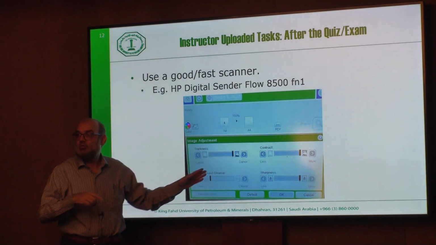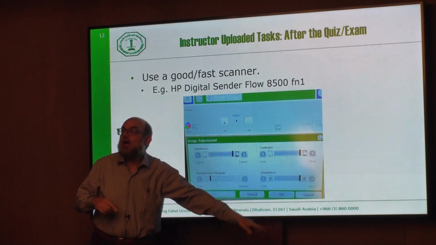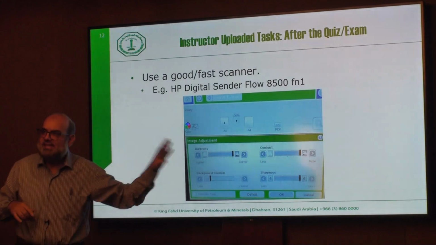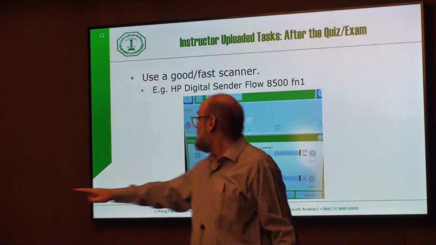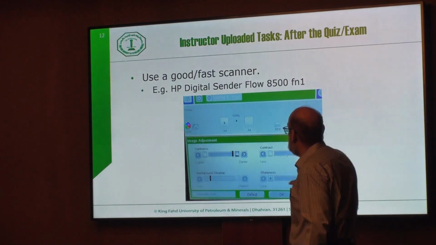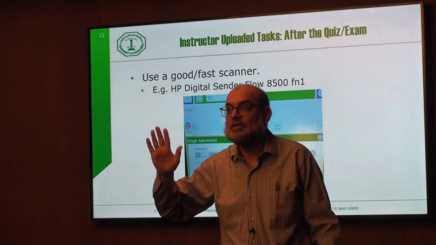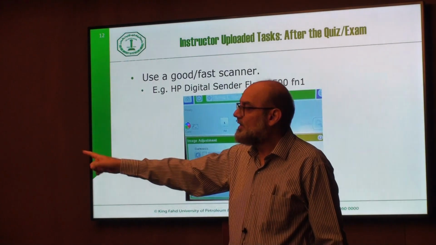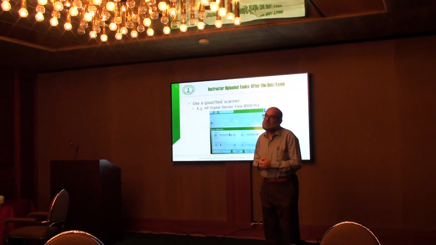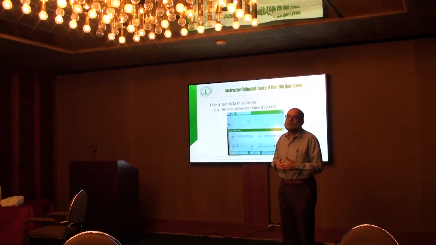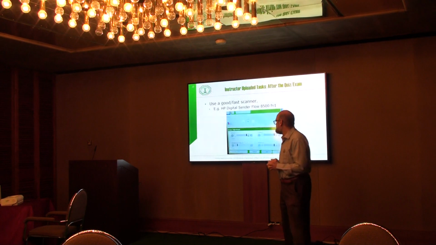I don't want any background cleanup, and of course sharpness. These are the settings for this scanner. This scanner was different: when I wanted to make it very dark, it actually made the page dark. So it really differs from one scanner to another. Once you use the scanner once and know your settings, that's it.